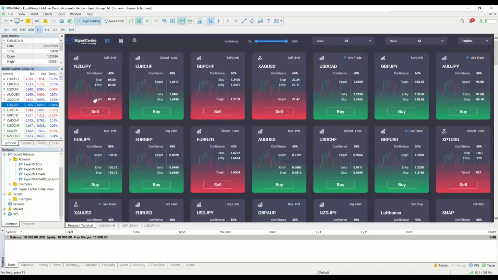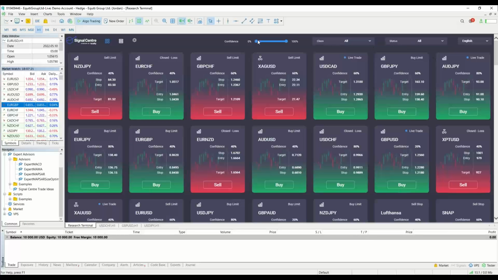Then we have the key actionables that you need to pay attention to on this particular idea. We have the entry, which of course is all important, and today we're looking to get into New Zealand dollar, Japanese yen at 83.50. We've got our stop, which again is very important, and that's at 84.30. And then we have a target, which is at 81.52.